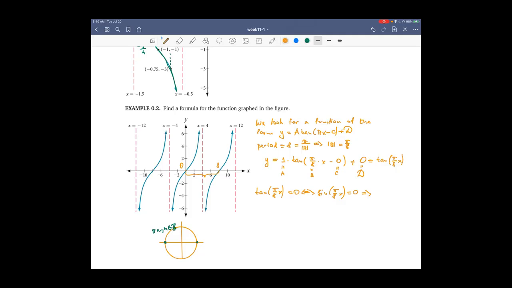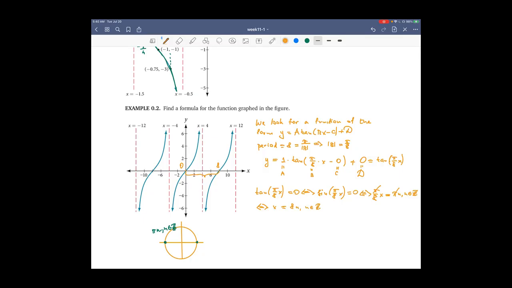So pi over 8 times x equals pi times n, where n is an integer, which happens if and only if, canceling pi and multiplying by 8, x is 8 times an integer.